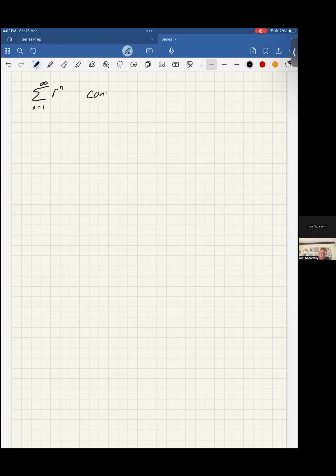And now let's show the claim. Let's show it diverges if r in absolute value is greater or equal than 1.